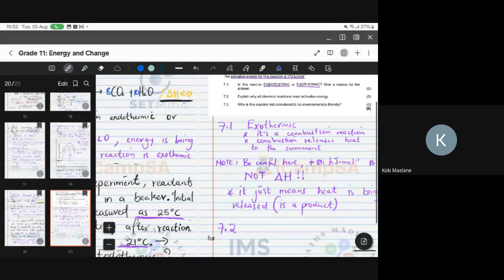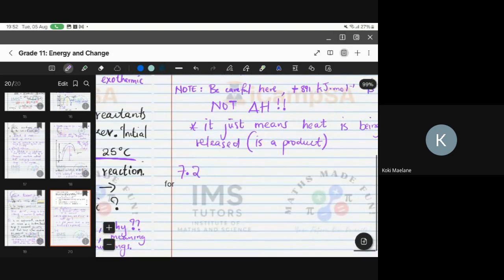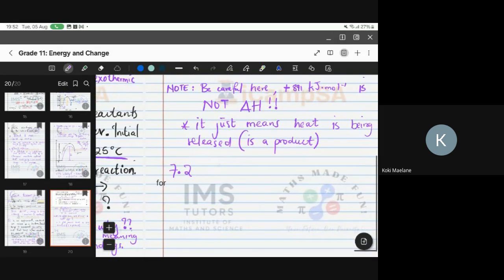So explain why all of them need this, because a reaction cannot start unless it receives its minimum required energy.